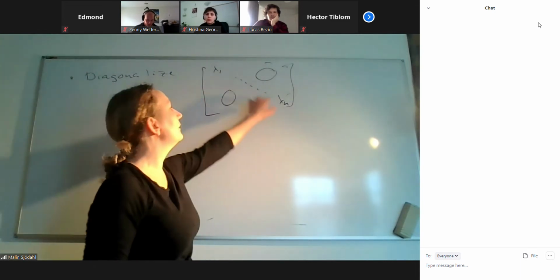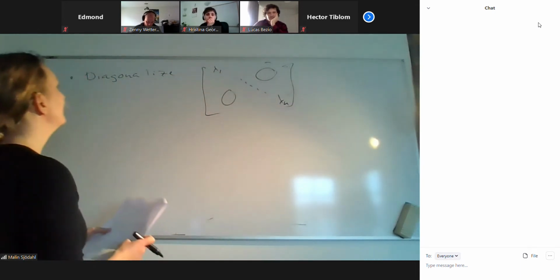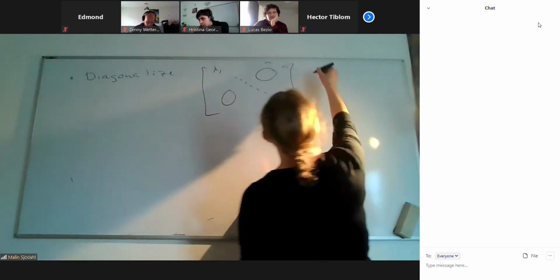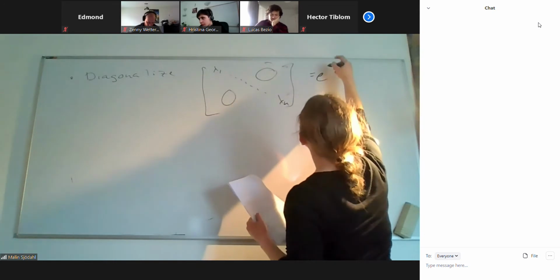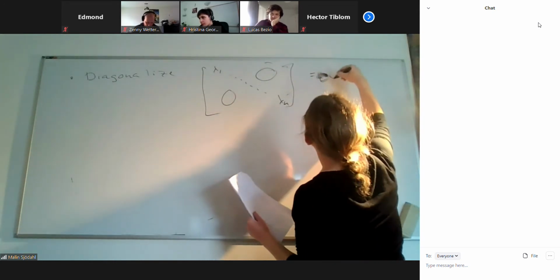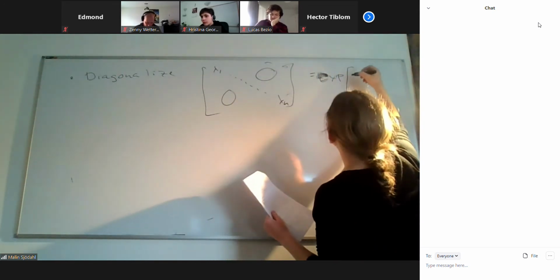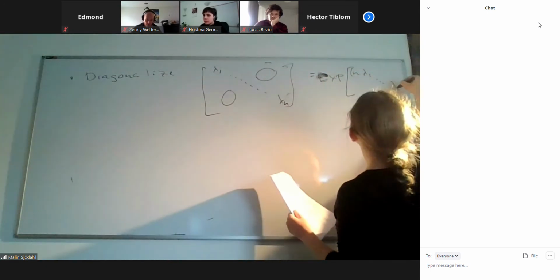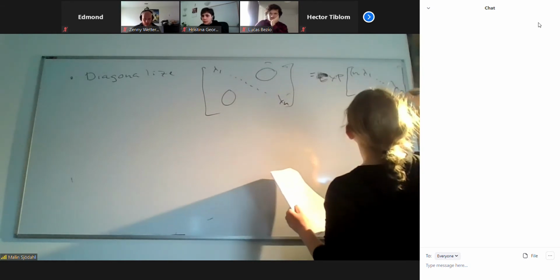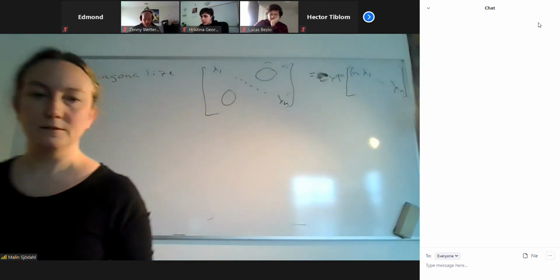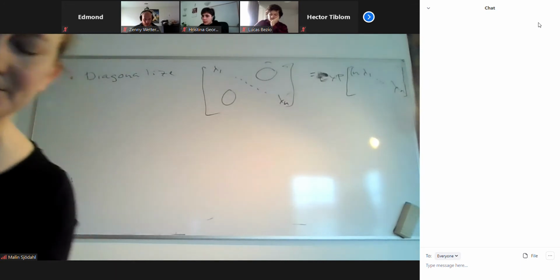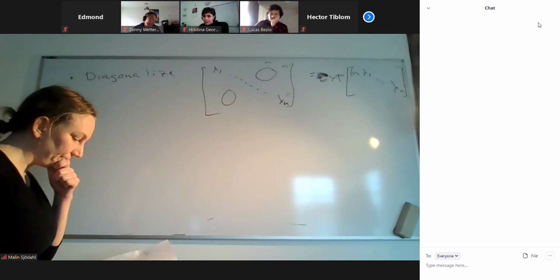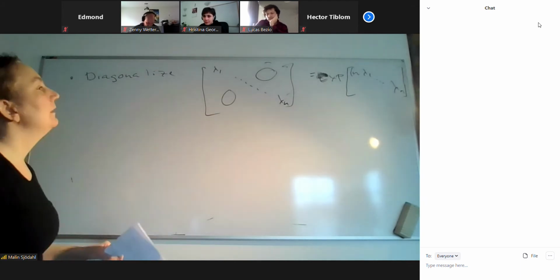It's just e to the logarithm of the eigenvalues. So this is the exponential of log lambda 1 to lambda n. Barely readable, but yeah, lambda 1 to lambda n.